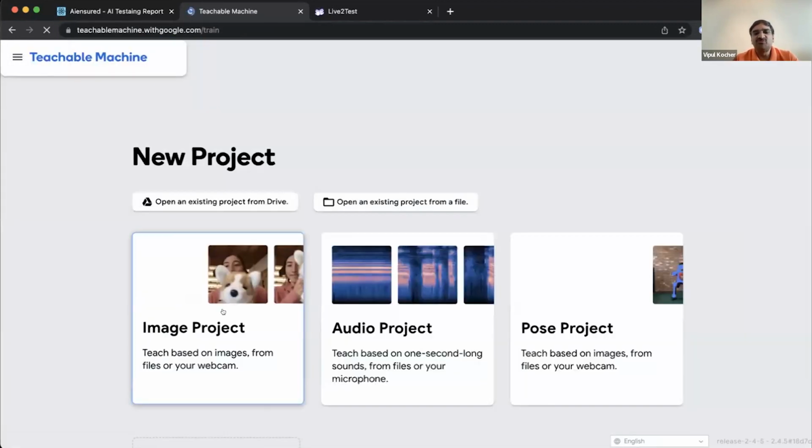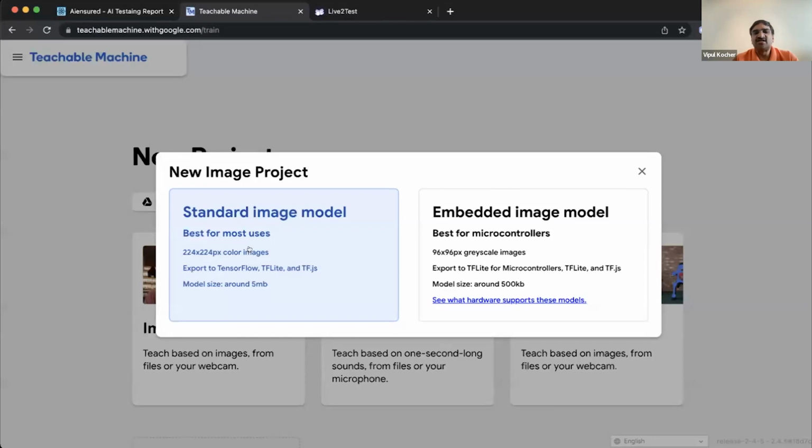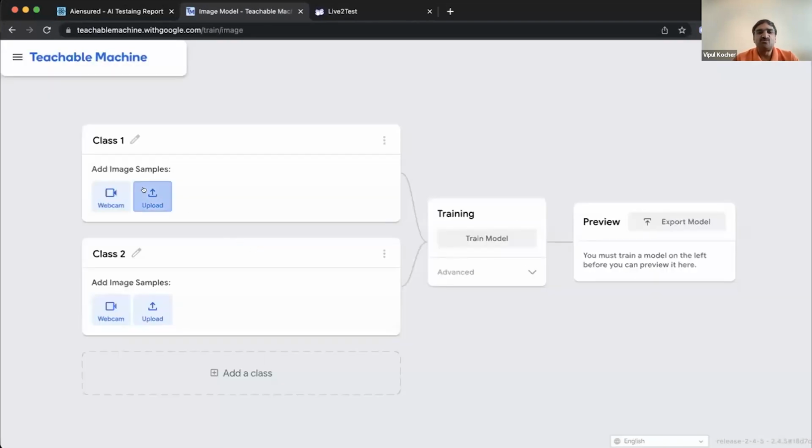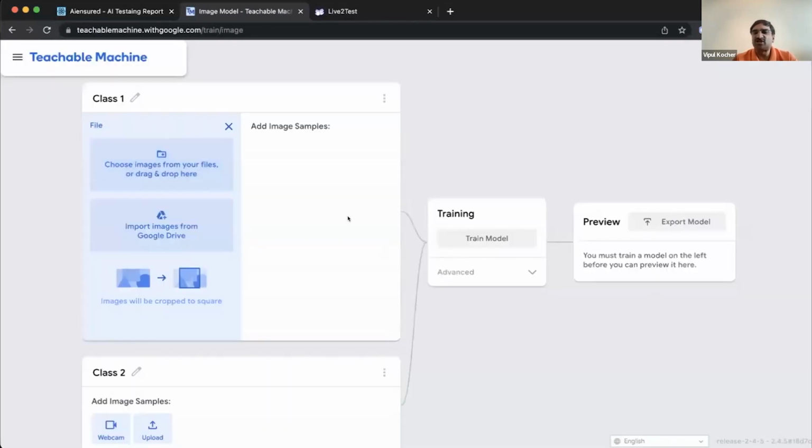And I'm going to do an image project using a standard image model. I wish I had more time to explain all of these things, but right now the problem I'm trying to solve is that given an image of some animal, it has to be classified as to whether it has a cat in it or a dog in it.